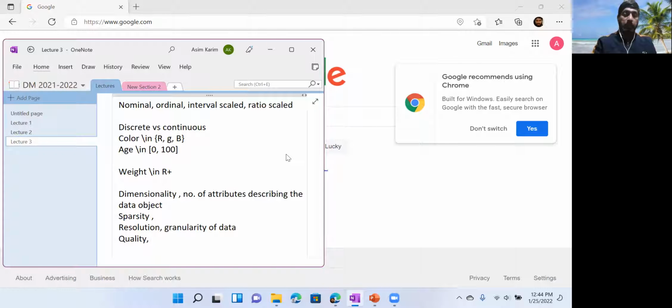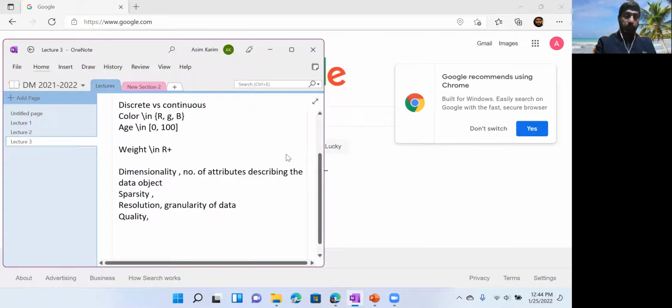And quality, as we'll see, means accuracy, and you can also say precision. We will discuss these two terms shortly. It can also mean whether the data is complete or has missing values, whether it is timely or not, whether it is believable or not. We'll talk about these terms later on. So these are some of the terms by which you need to look at your data and try to understand it.